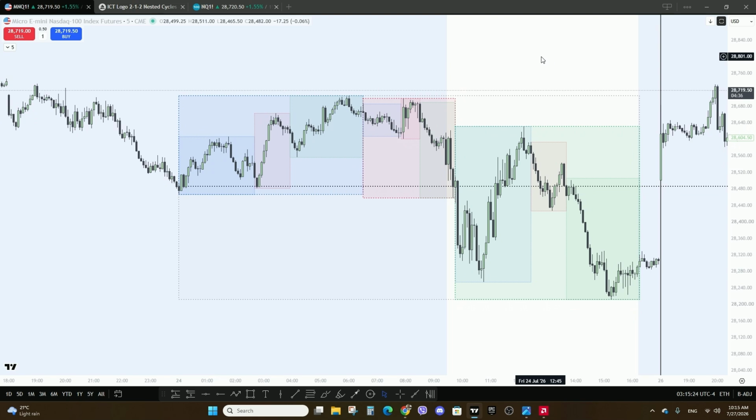Okay, and we're not talking here about 90-minute cycles. We're not talking here about 6-hour cycles or 4-hour cycles or quarterly theory or stuff like that. No, this is a simple Fibonacci 2-1-2 sequence, which tells you when your setup is likely to form, when you can expect your setups to occur, where you should expect your PD arrays to form.